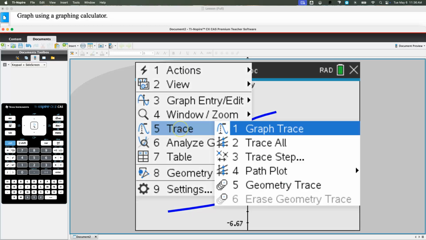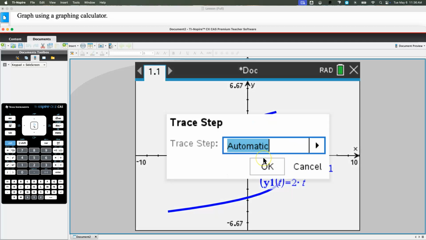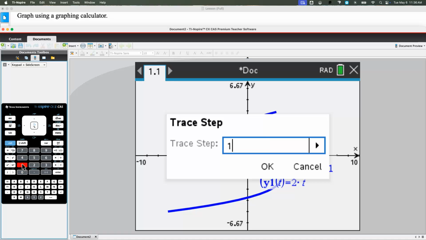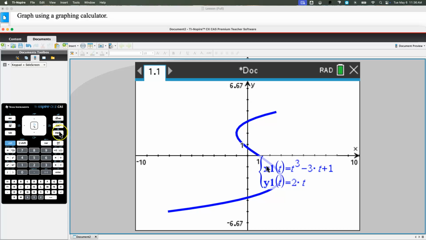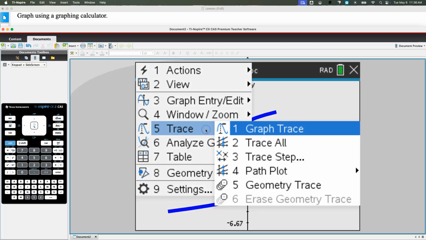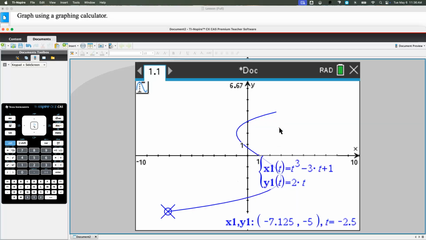If I wanted to trace this, I could graph trace. Actually, I would set my trace step at 1, just because it makes it easier. And then I could trace, graph trace, and now it has it here at my t value of negative 2.5.